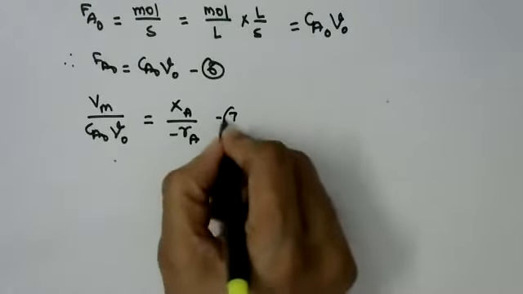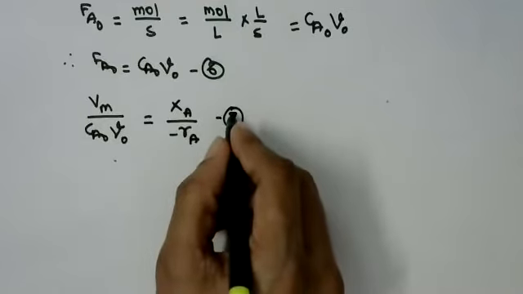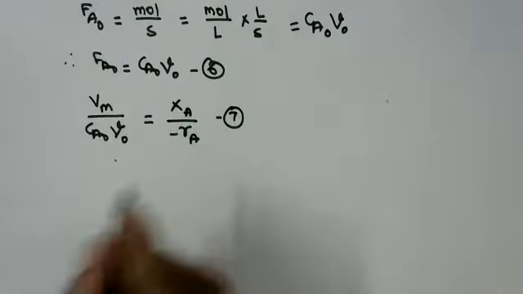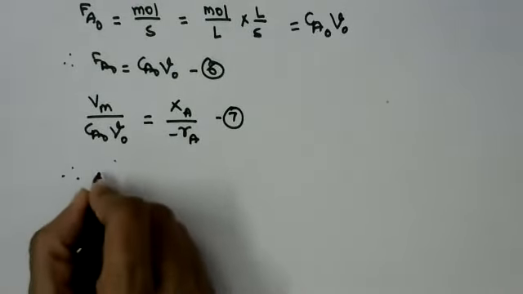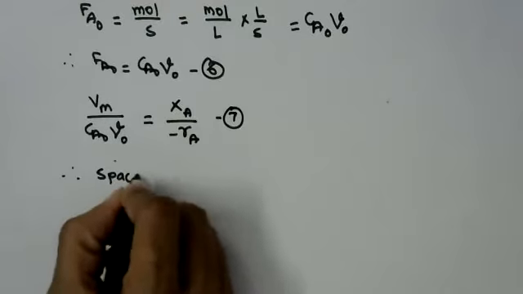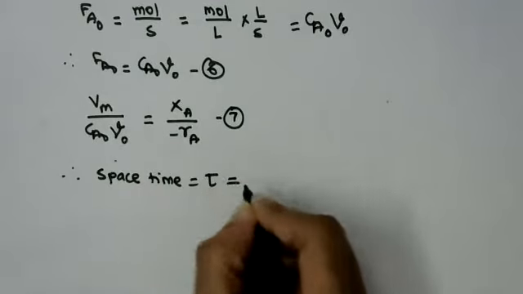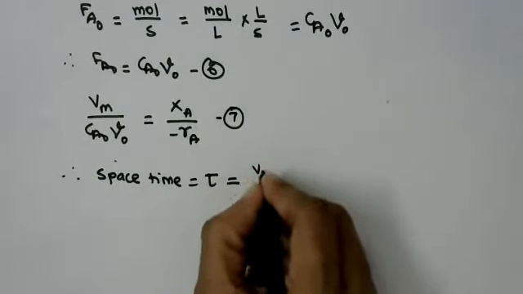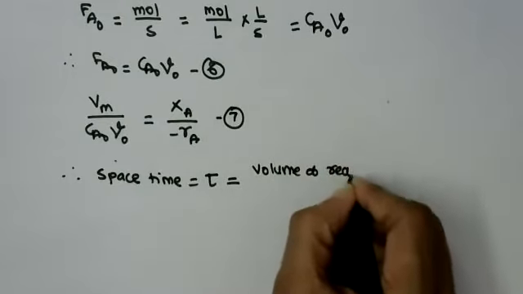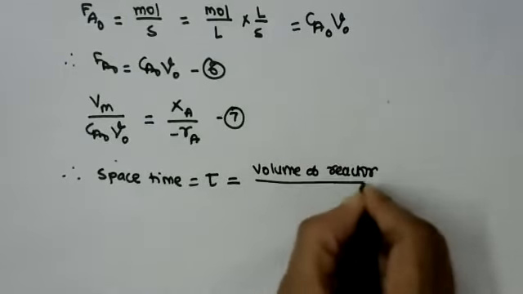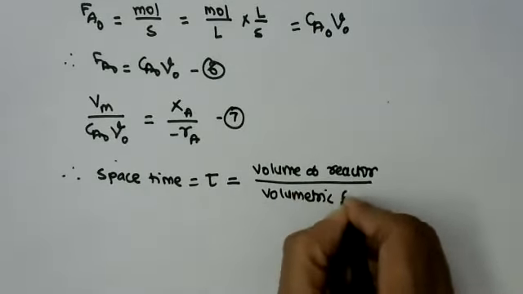We will write this as equation 7. Now there is a term known as space time. Space time is tau, which is equal to the volume of reactor divided by the volumetric flow rate.